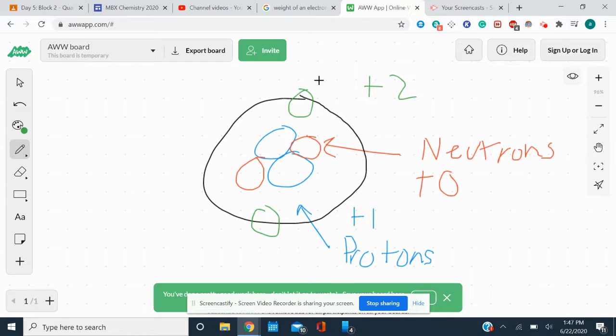But because there are electrons, and electrons have a -1 charge, it will balance that, and the charge of this atom would only be 0. So this is an electron. I apologize for my bad handwriting, and it has a negative charge.